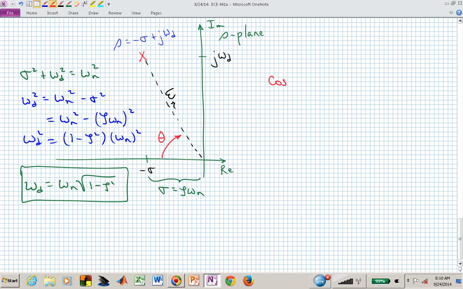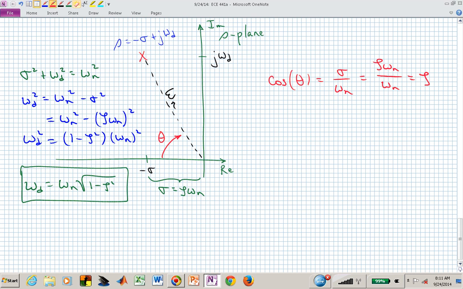Now we simply go back to our trig and we say the cosine of that angle is the real part over, the adjacent in trigonometric terms, the adjacent over hypotenuse, but the adjacent we can rewrite in another parameterized form as zeta omega sub n, and there's where that zeta comes from.